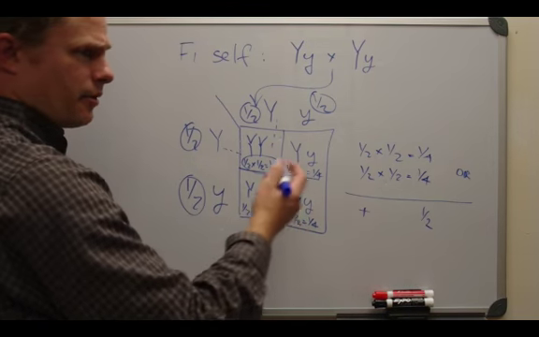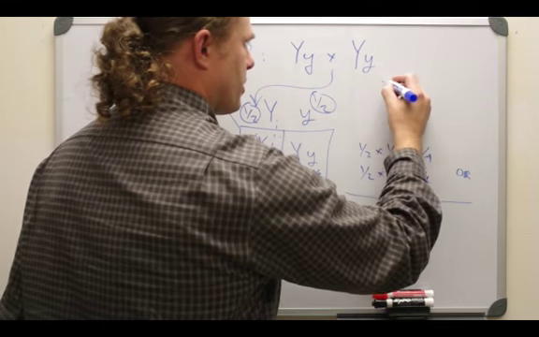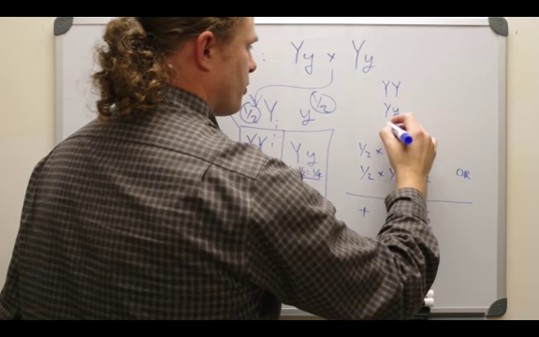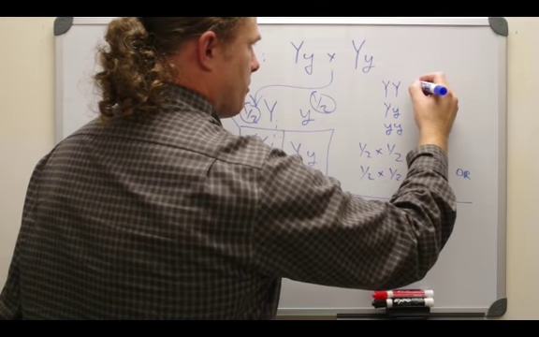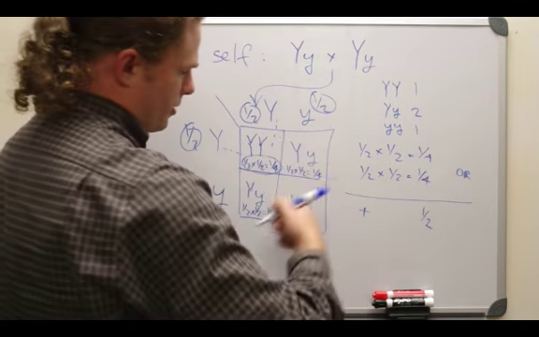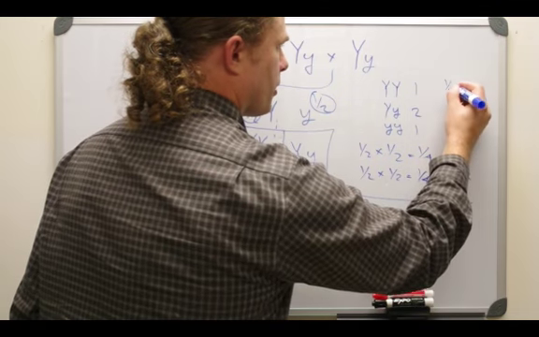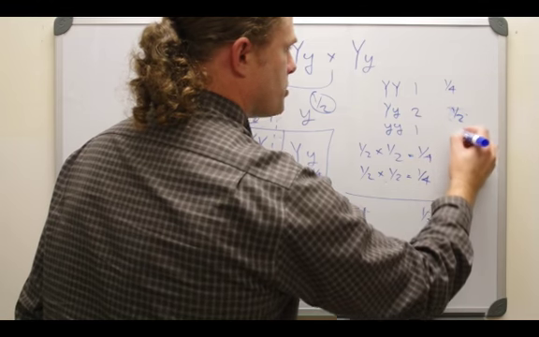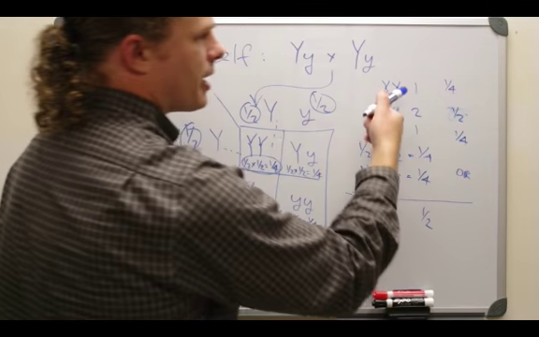So taken together, what this shows is how we arrive at the 1:2:1 ratio that we expect for this type of cross. In reality, this is showing us a 1/4 to 1/2 to 1/4 ratio, which is mathematically the same as a 1:2:1.